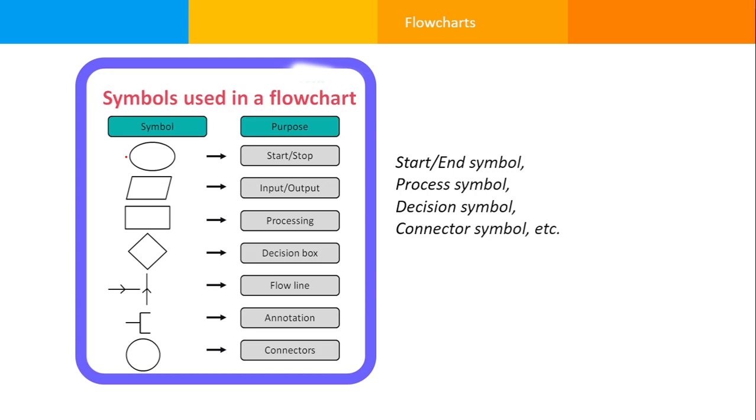So if you want to start, you have to use this oval shape to tell that this is the starting point of the algorithm or the solution. And then when you are done with the algorithm, you still need to use this oval shape to indicate the ending point of the algorithm. So that is that.